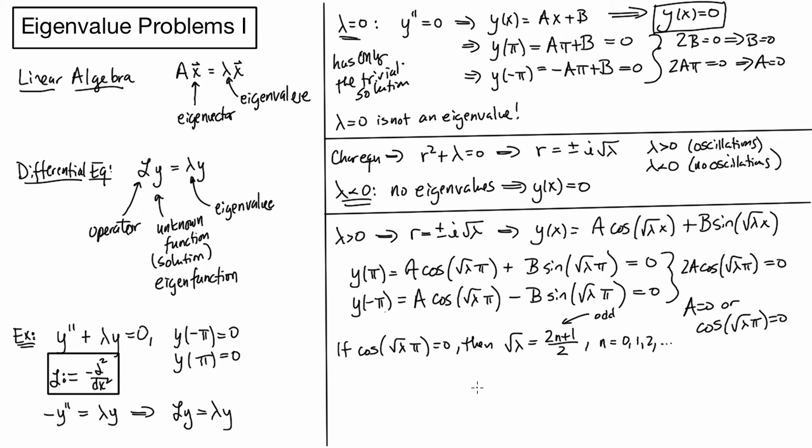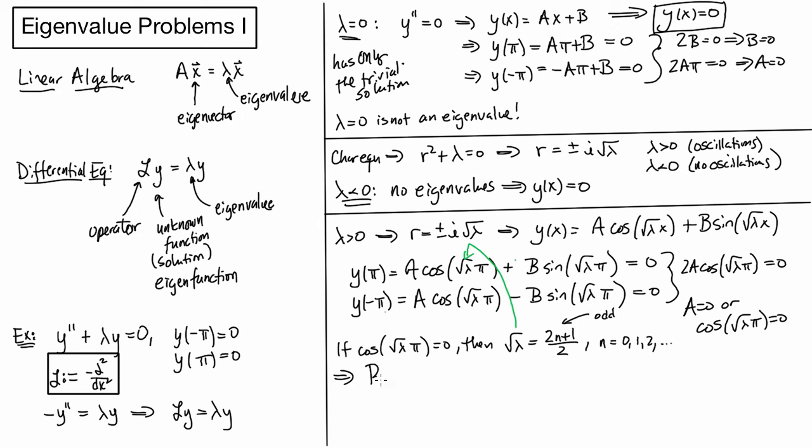Okay, so simple enough. If that's the case, then plugging that value of square root of lambda into the other side, so if I just take the first equation, then this is going to imply that if I plug this in here, so let me show you here. If I plug this value in right here, then I know that term is 0, and I'll be left with b sine of this has to be equal to 0.